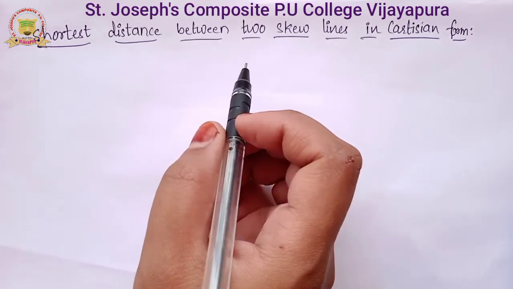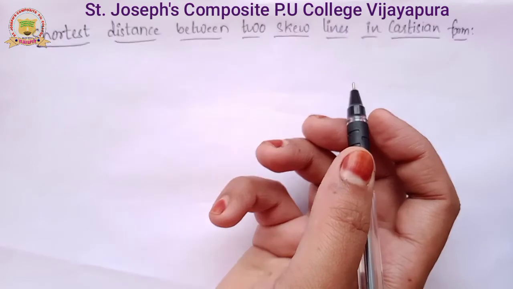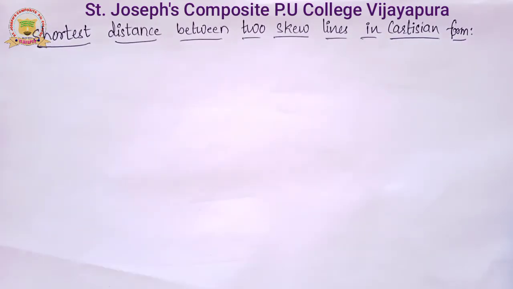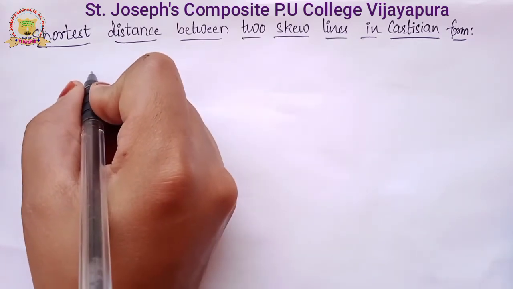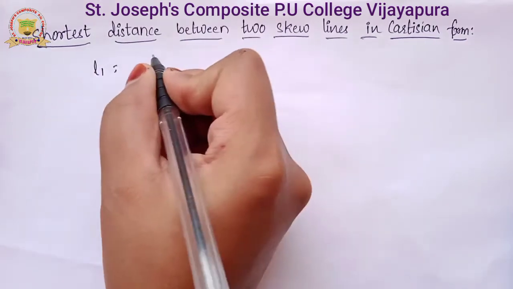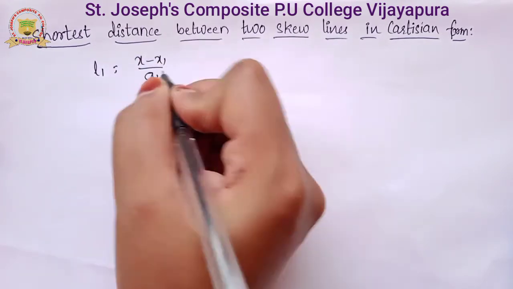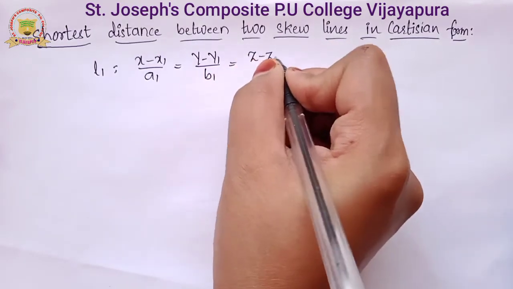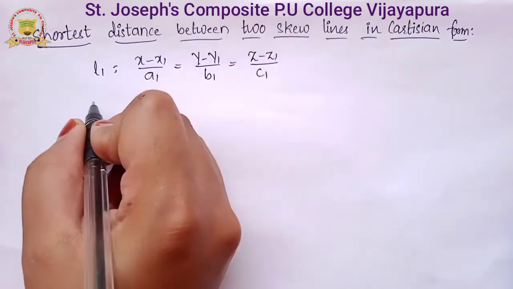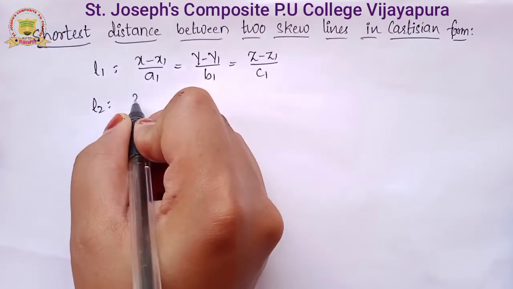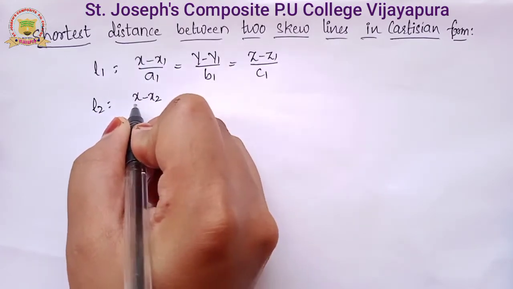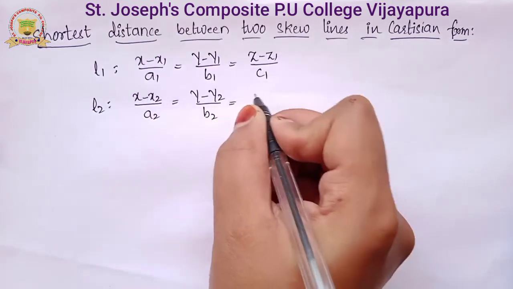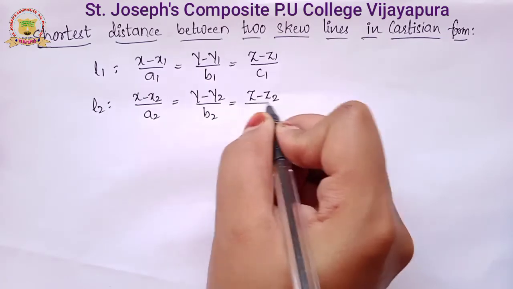Shortest distance between two skew lines in Cartesian form. So I will take the two lines in Cartesian form as the line L1: x minus x1 by a1 is equal to y minus y1 by b1 is equal to z minus z1 by c1, and the line L2: x minus x2 by a2 is equal to y minus y2 by b2 is equal to z minus z2 by c2.